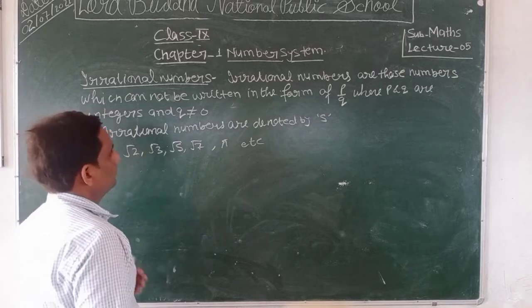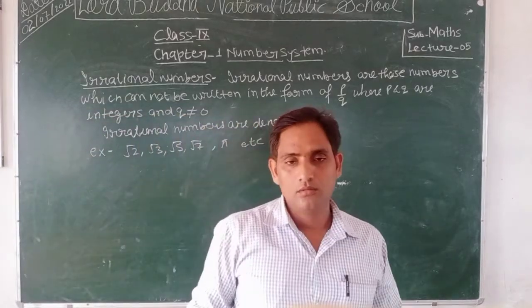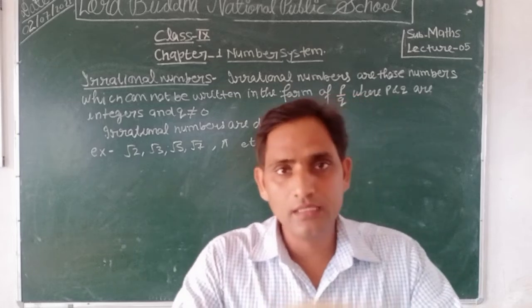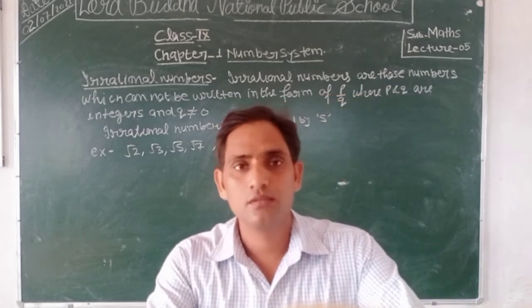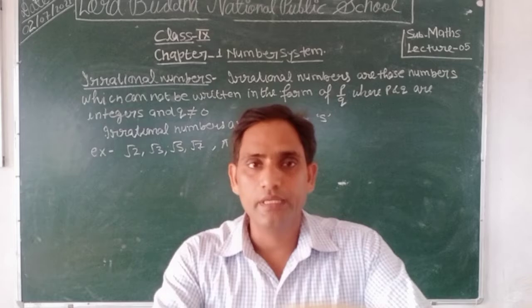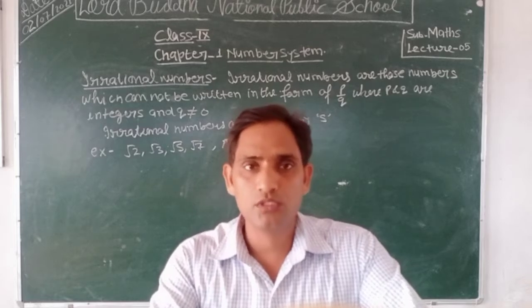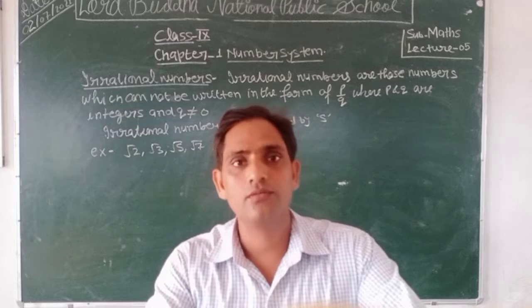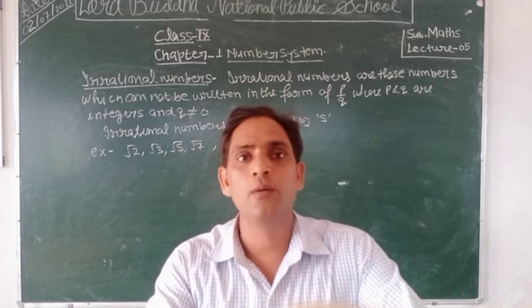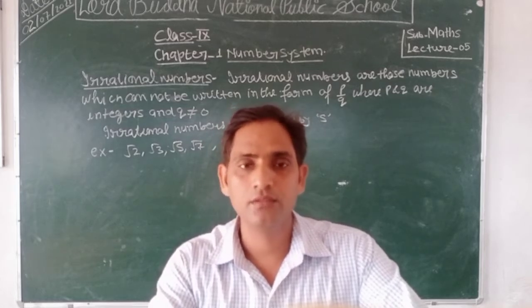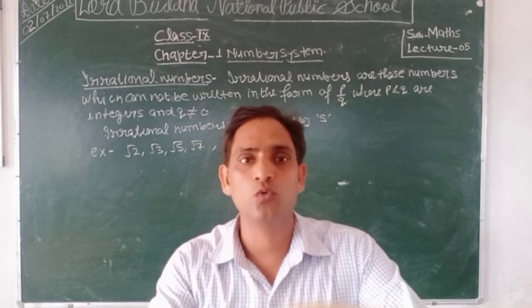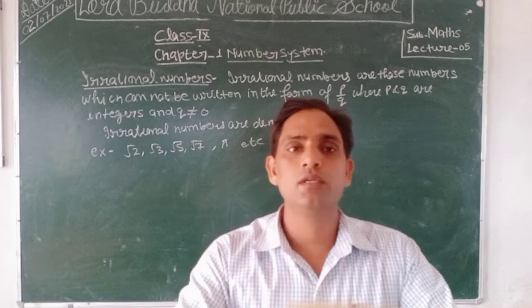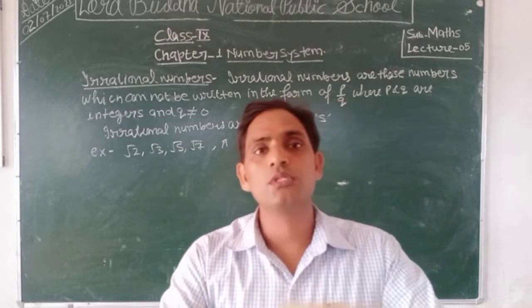Now, the definition of irrational numbers is: irrational numbers are those numbers which cannot be written in the form p upon q, where p and q both are integers and q should not be 0.